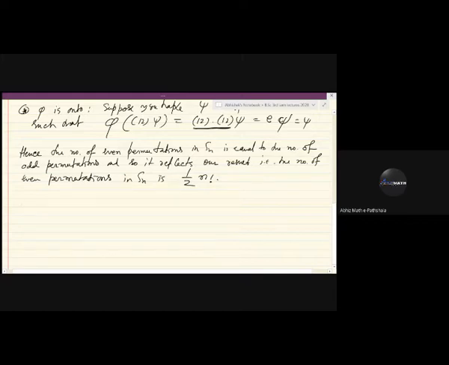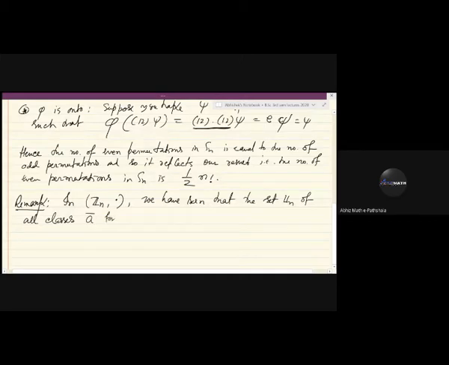But one can show that, okay, the remark in Zn dot, we have seen that the set Un of all classes A class for which GCD of A comma n is 1 forms a group with respect to multiplication modulo n, right?